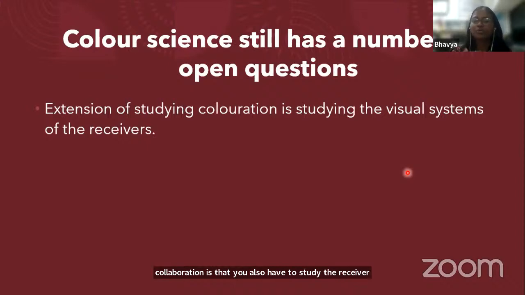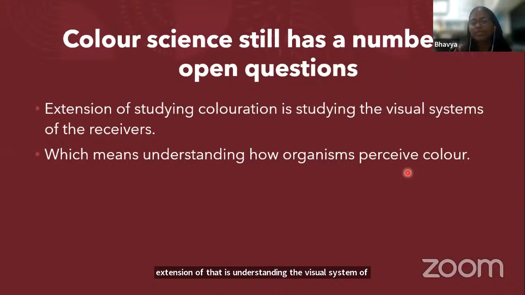You have to understand what the receiver sees and whether a color patch is even visible to a particular receiver of interest, because we need to understand what they can see to know whether the color patch is actually important or not. So an extension of that is understanding the visual system of the receivers, which means trying to understand how organisms perceive color.